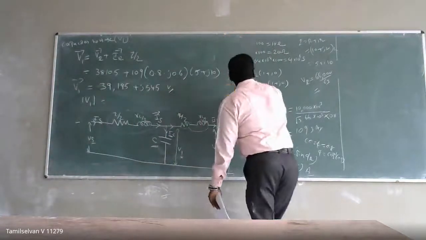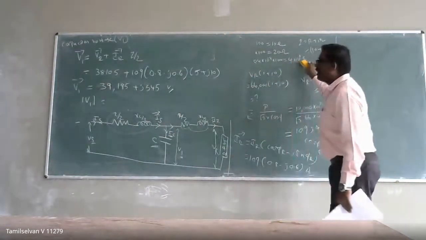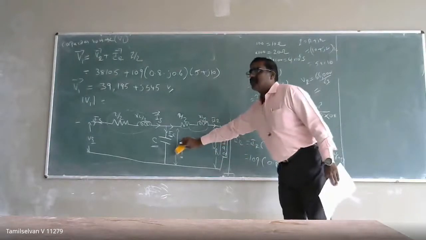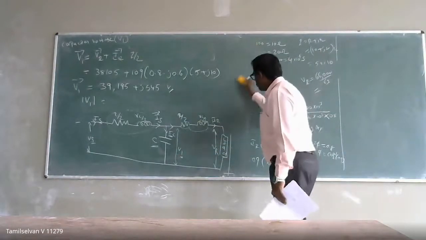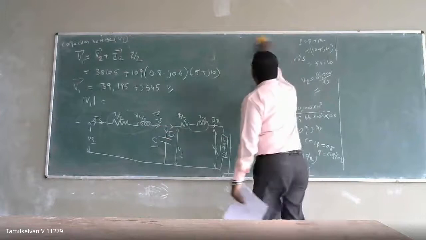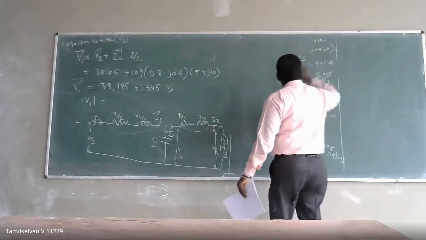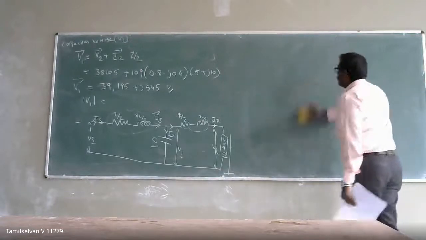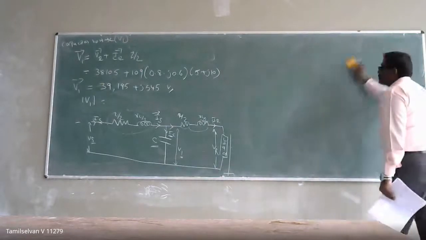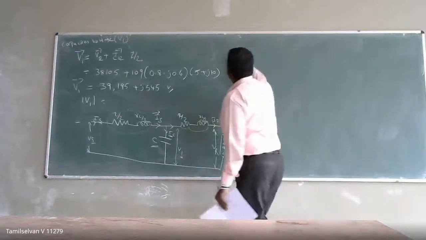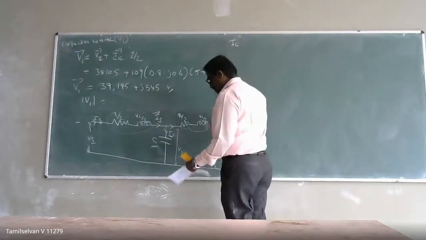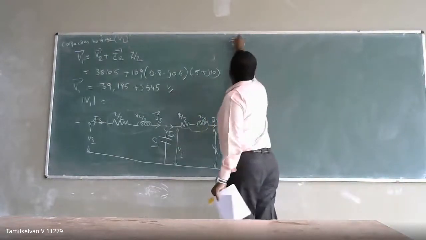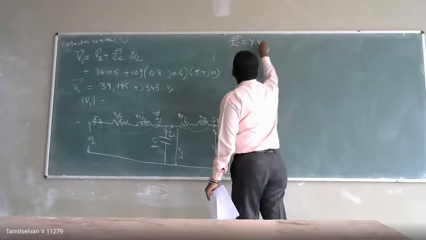Here, 4 into 10 power minus 4 is the capacitive susceptance value. Using that, I am going to calculate the current flowing through the capacitor. The capacitor current, the IC vector, is equal to Y into V1 vector.